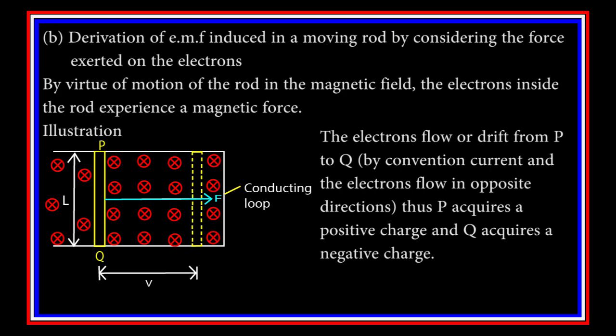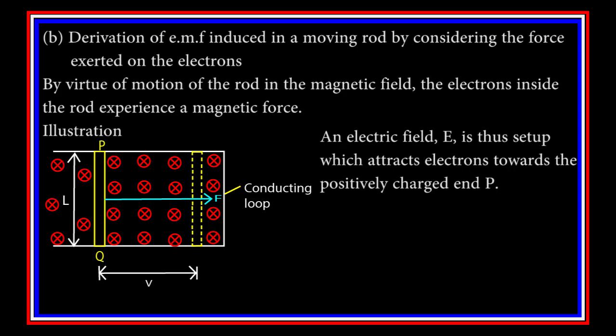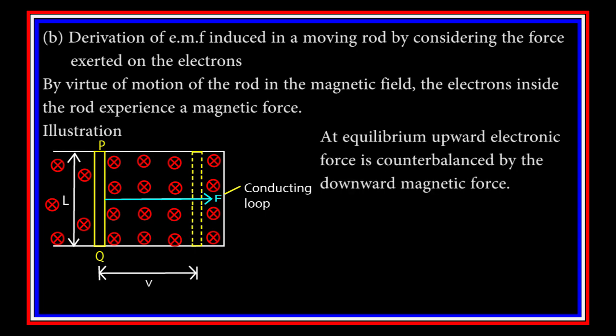Thus, P acquires a positive charge and Q acquires a negative charge. An electric field, capital E, is thus set up which attracts electrons towards positively charged P. At equilibrium, the upward electric force is counterbalanced by the downward magnetic force.